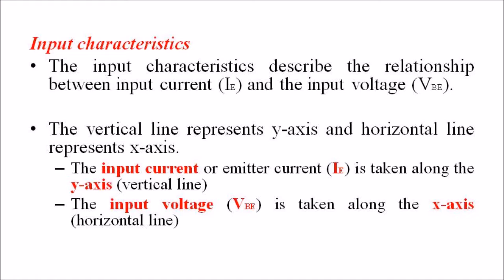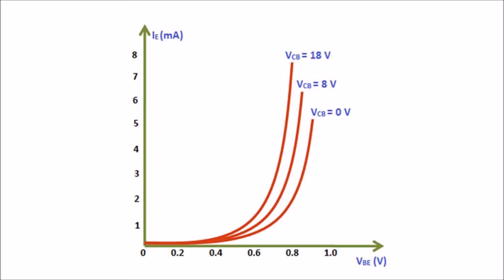To determine the input characteristics, the output voltage VCB, that is collector base voltage, is kept constant at 0 volt and the input voltage VBE is increased from 0 volt to different voltage levels. For each voltage level of the input voltage VBE, the input current IE is recorded.